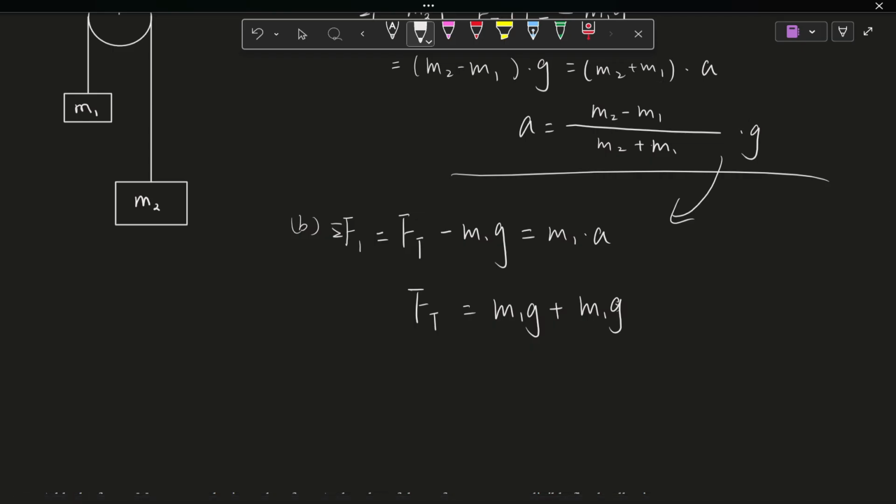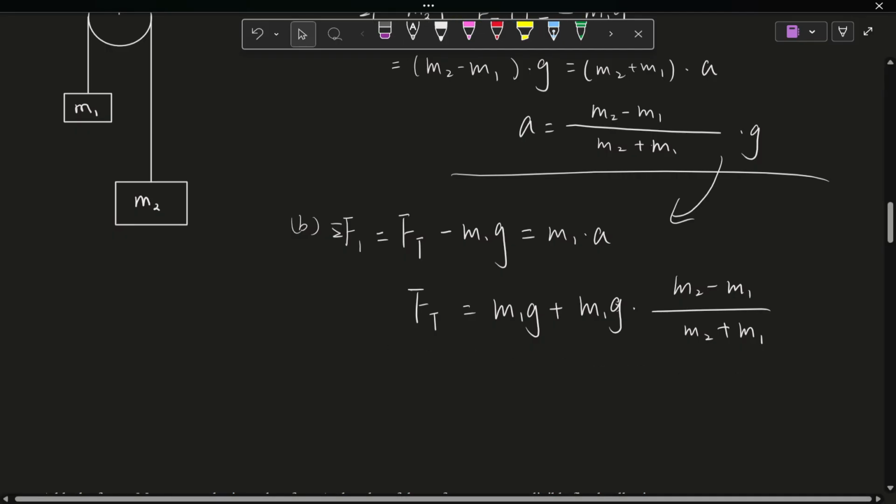M1G times M2 minus M1 over M2 plus M1. So this will be your answer.